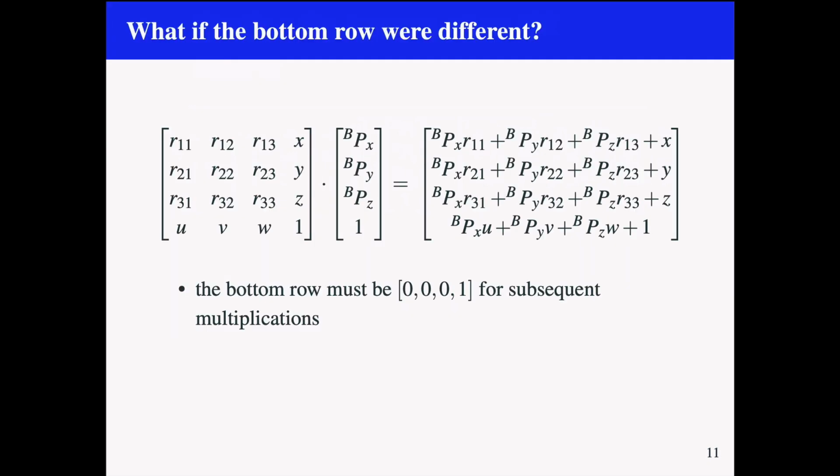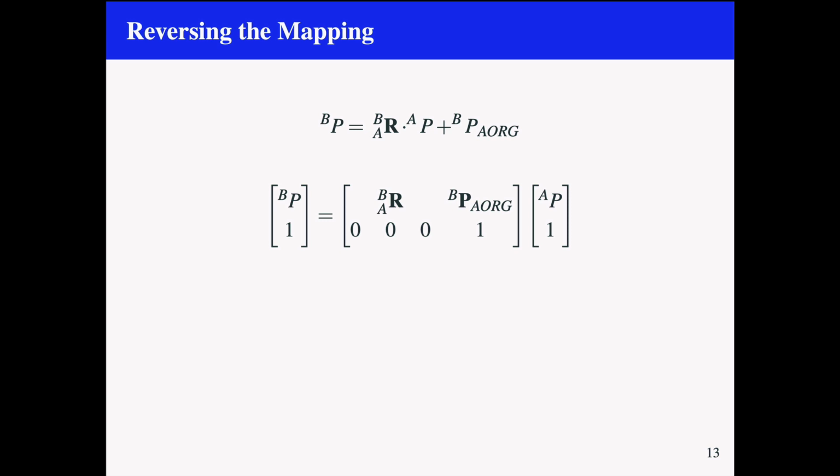So hopefully that makes sense and answers some of the questions that came up in terms of HT matrices and their use for TAB. One of the things I wanted to push my students on was, okay, what if we now want to go the other direction so that we can understand HT matrices a little bit better. If I want to find the inverse of an HT matrix, what I mean by that is a mapping of a vector known in frame A back to frame B. So I know PA.